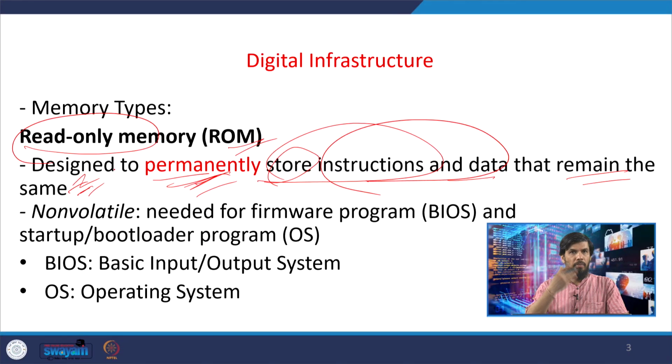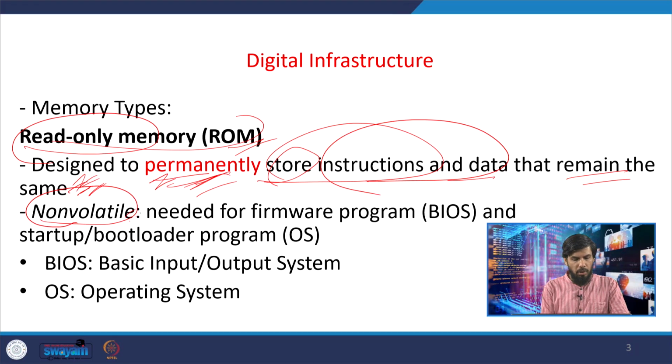The same thing might be needed for execution, or for doing a certain computing activity, again and again. So we need this kind of memory where our instructions and data are not changed, they permanently remain the same. Read only memory plays that role. One characteristic is that it provides permanent storage, and the second is that it is non-volatile.